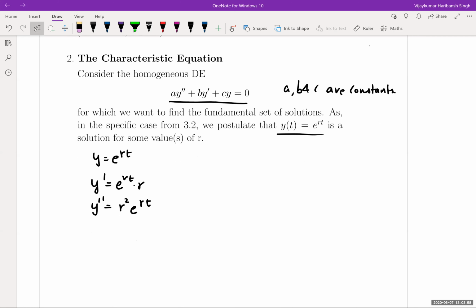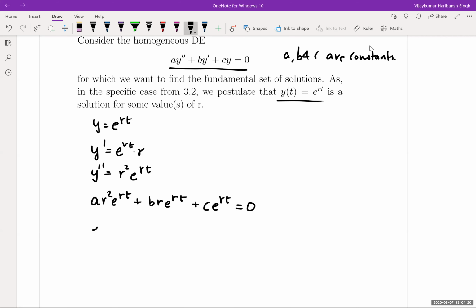Now, if you substitute that in the differential equation, you will get a r squared e to the power rt plus b r e to the power rt plus c times e to the power rt equals 0. Now take e to the power rt common, so you get a r squared plus b r plus c equals 0.